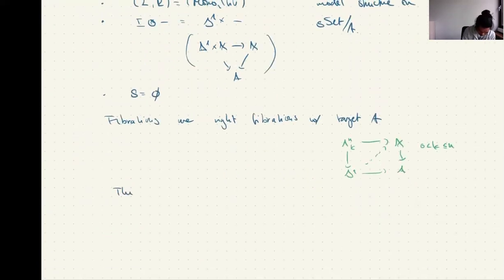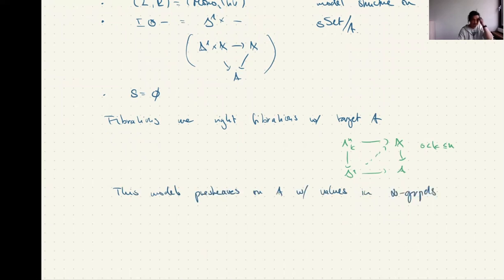So this models presheaves on A with values in infinity groupoids.